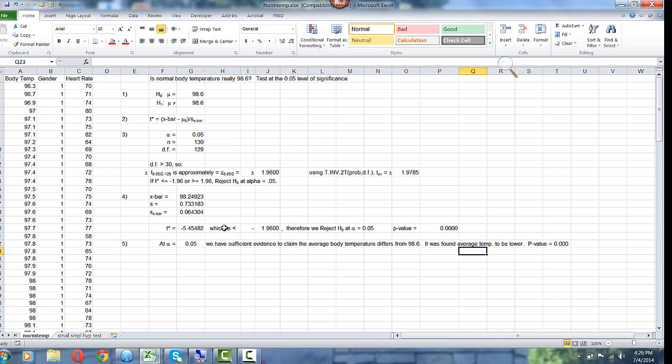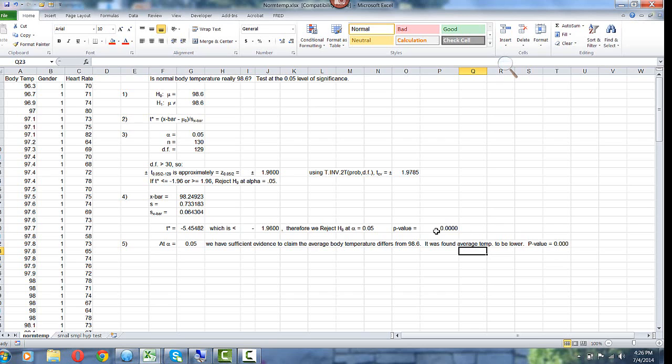So obviously at a minus 5.45, we don't even need to look things up. We'll just say p-value is 0. And remember, for a two-tailed test, you find the area that's beyond minus 5.45 and then multiply that area by 2, but 0 times 2 is obviously 0. And then put that in your conclusion.